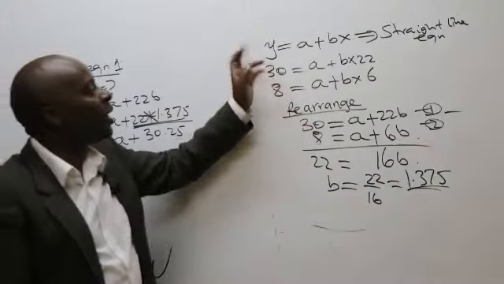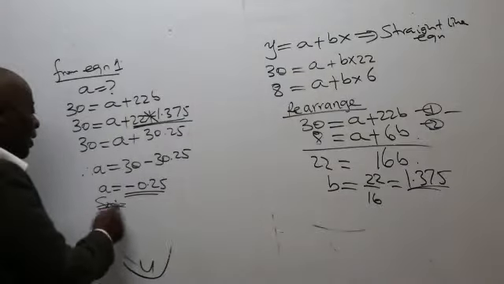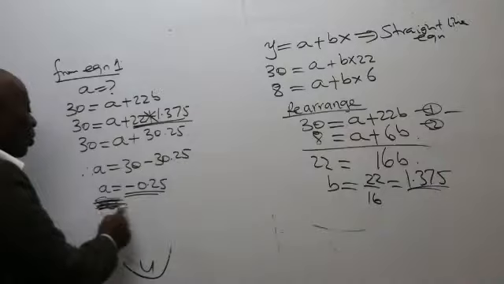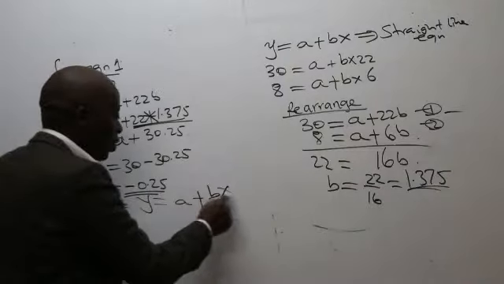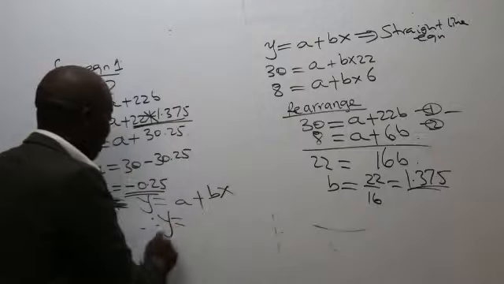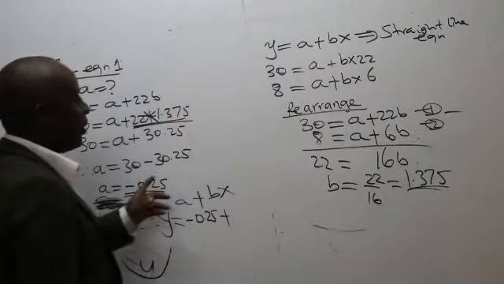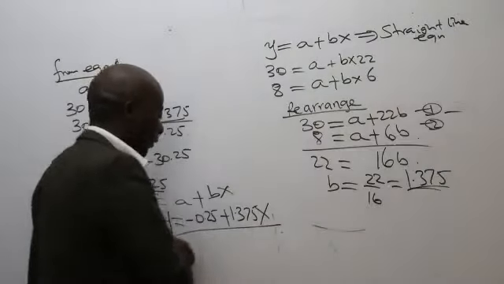So in conclusion, our y should be equal to a plus bx. Therefore, our y will be equal to a, which is minus 0.25, plus b, which is what here, somebody? 1.375, x like that.